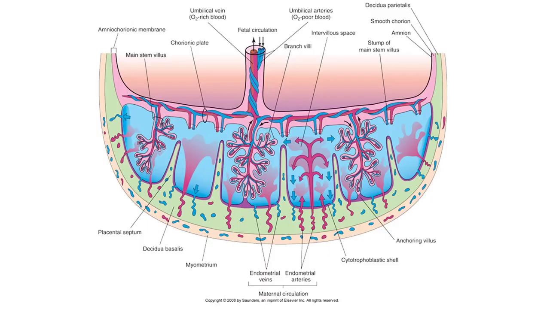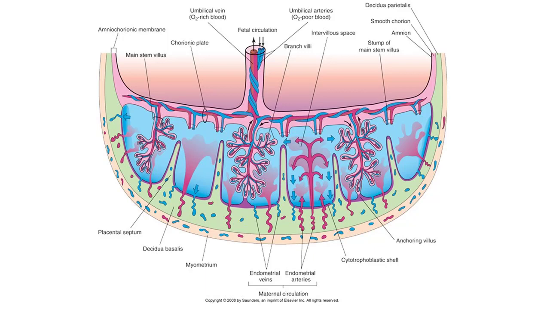Now we've skipped a lot of stages at this point. But what I wanted to illustrate is the relationship between the syncytial trophoblast part of the placenta and the endometrium of the mother. So the green that you see here is going to be the endometrium.